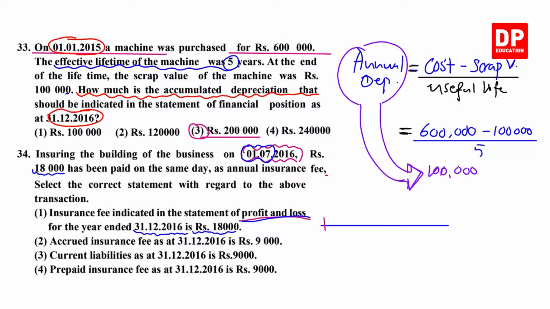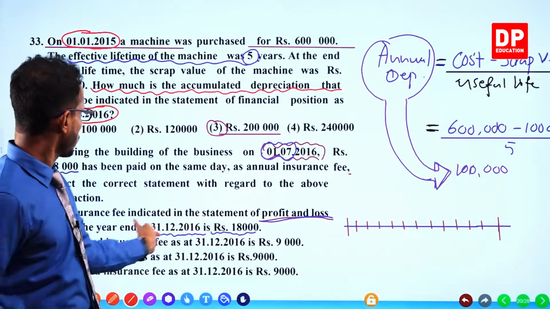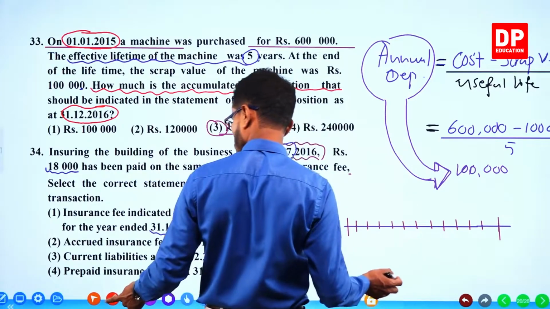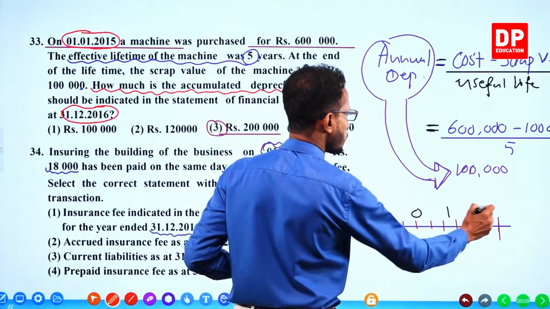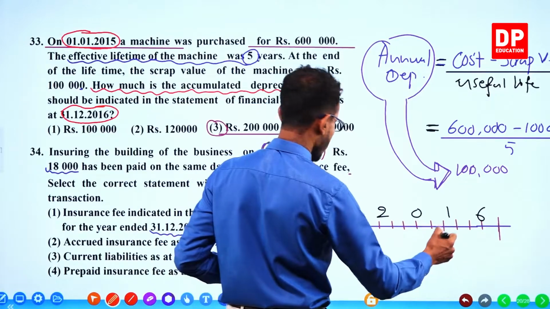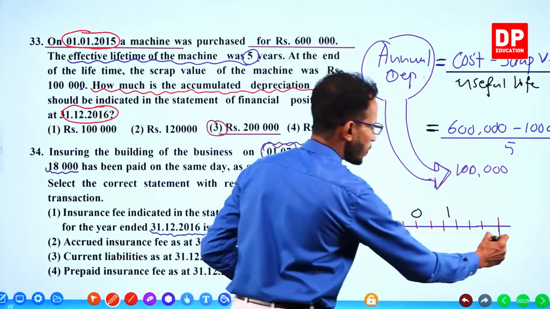Year starts from 1st of January and ends in December: January, February, March, April, May, June, July, August, September, October, November, December. This is your year, 2016.